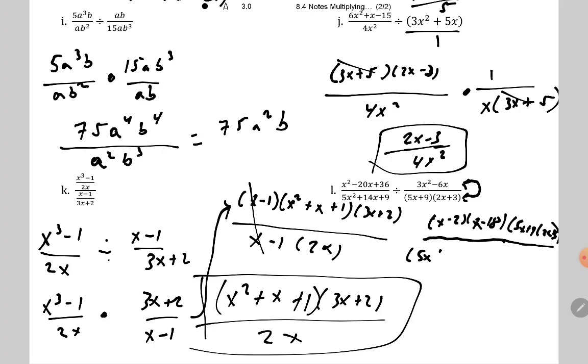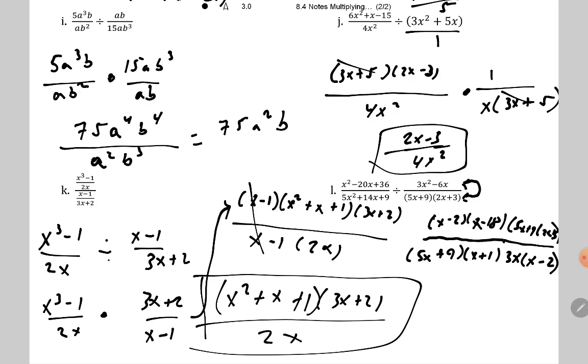5x plus 9, x plus 1. Okay, and then we're going to pull out a 3x, oops, to get x minus 2. Okay, so what's left over?